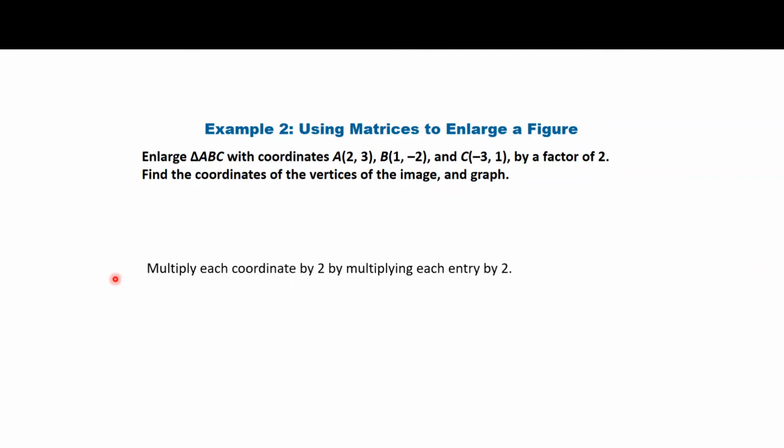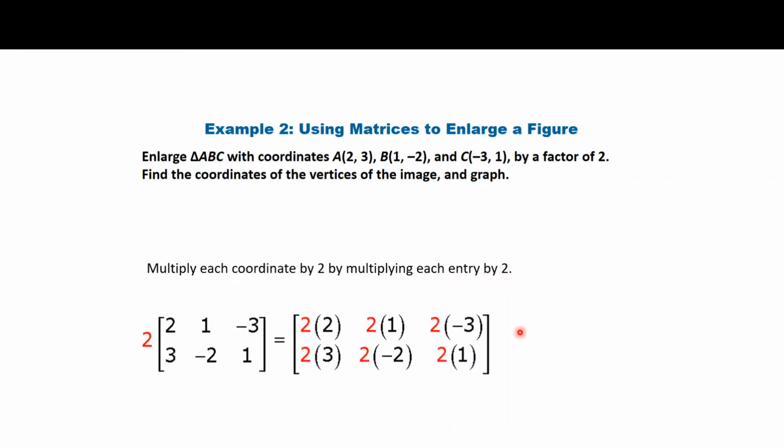All right, so here it says we're going to multiply each coordinate by 2 by multiplying each entry by 2. So here we go. Here's our original. Notice this is 2, 3, 2, 3, 1, negative 2, 1, negative 2, and negative 3, 1. There it is. Okay, we're going to multiply the entire matrix by 2.